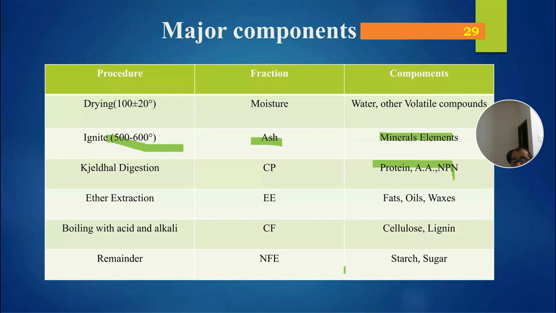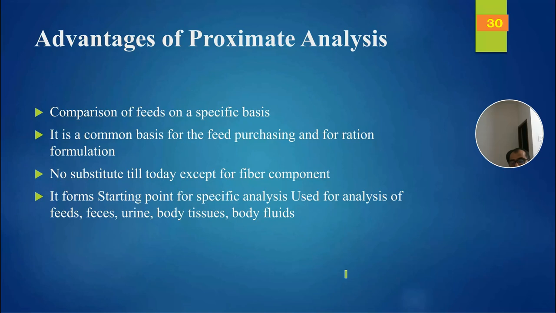Then ultimately, the remainder is NFE, whose components are the starch or the sugar, which are very strongly bound to each other, and it is difficult to estimate them individually.